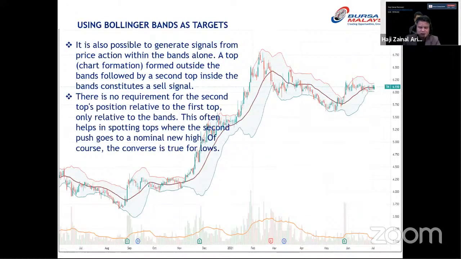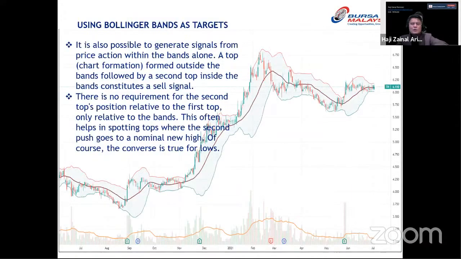There is no requirement for the second top's position relative to the first top, only relative to the band. So the first price is outside the band, and the second price is inside the band, showing that the market has already reached the top.